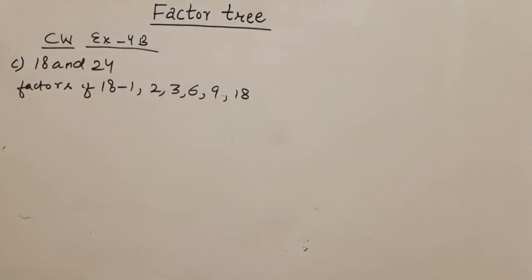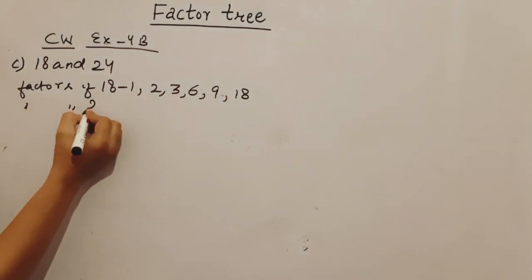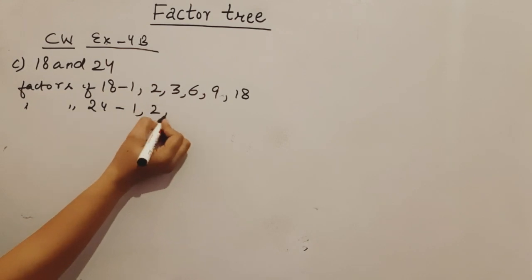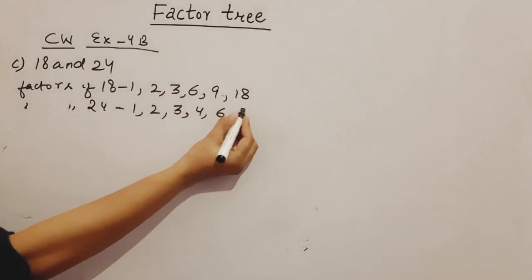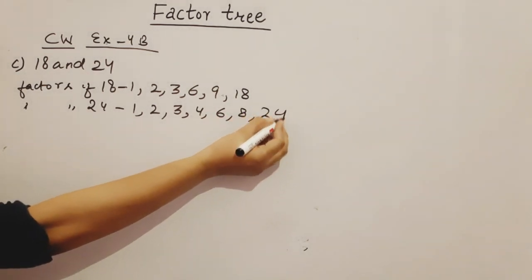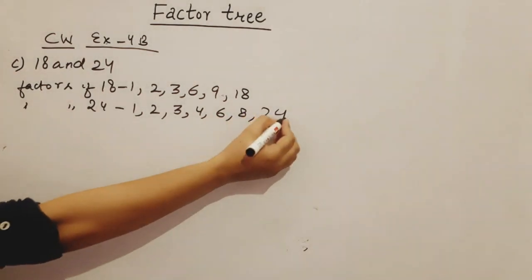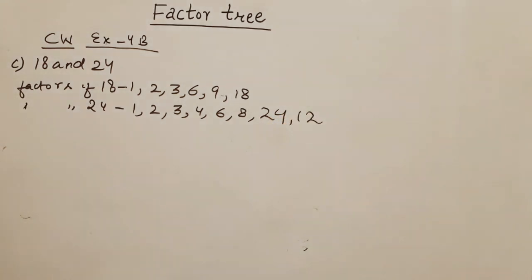These are the factors of 18. Now factors of 24: 1, 2, 3, 4, 6, 8 and 24. 12 भी आता है because 12 2s are 24, right?